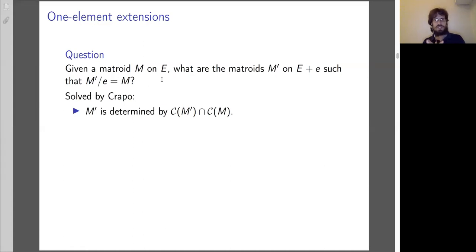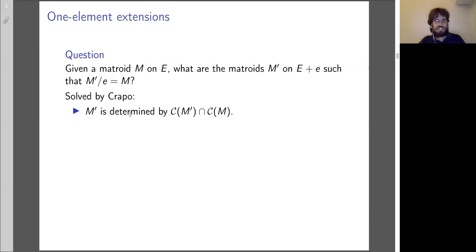So first of all, every circuit of M has to extend to a circuit of M dashed. Either it already is a circuit of M dashed, or it together with this new element e is a circuit of M dashed.